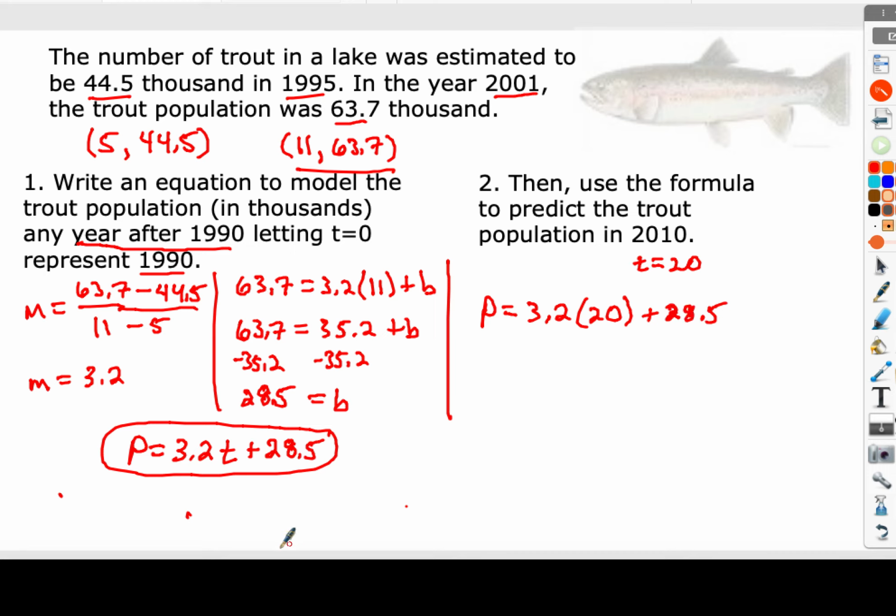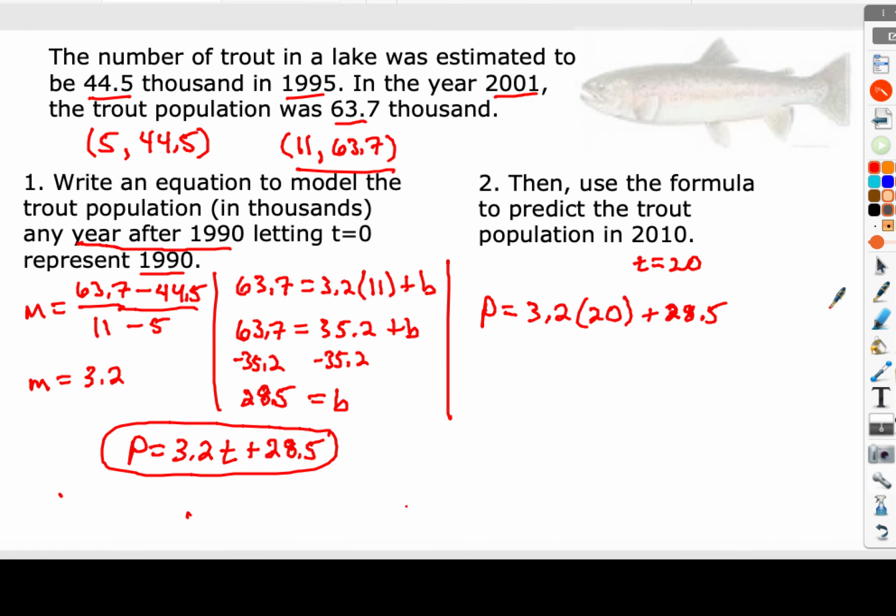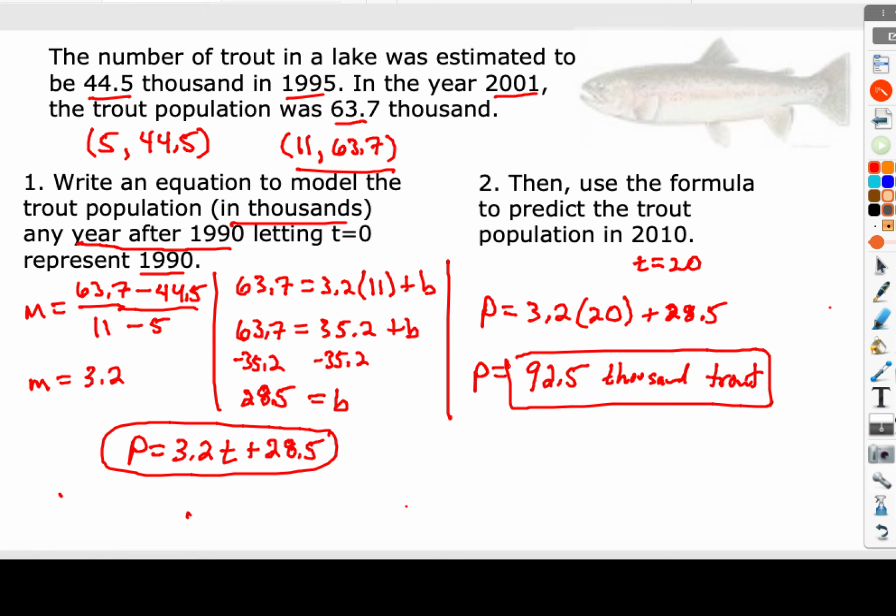Again, we'll do one more bit of calculator work here. 3.2 times 20 plus 28.5, and find out that our population will be 92.5, or P equals 92.5. Now remember that we're measuring this in thousands, so that's 92.5 thousand, right, trout. And that would be our answer there.